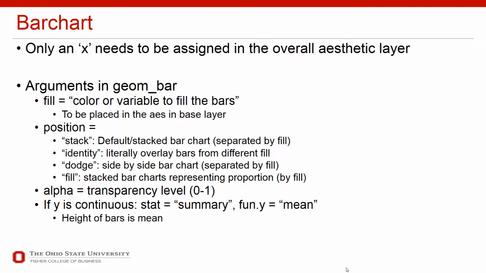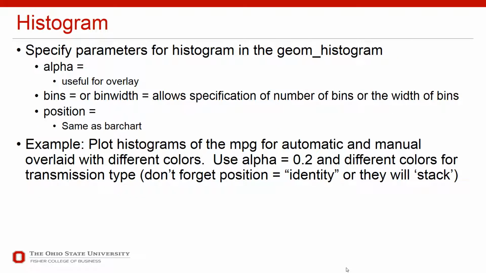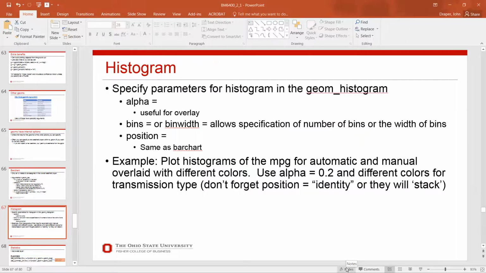I have all kinds of different options set in here. But like I said, we'll do more of that when we get to class. I would encourage you to play with it. Histograms, geom histogram, what options exist there? Well, I can specify different bins. I can specify different transparencies if I want to overlay it. All kinds of functions are available.